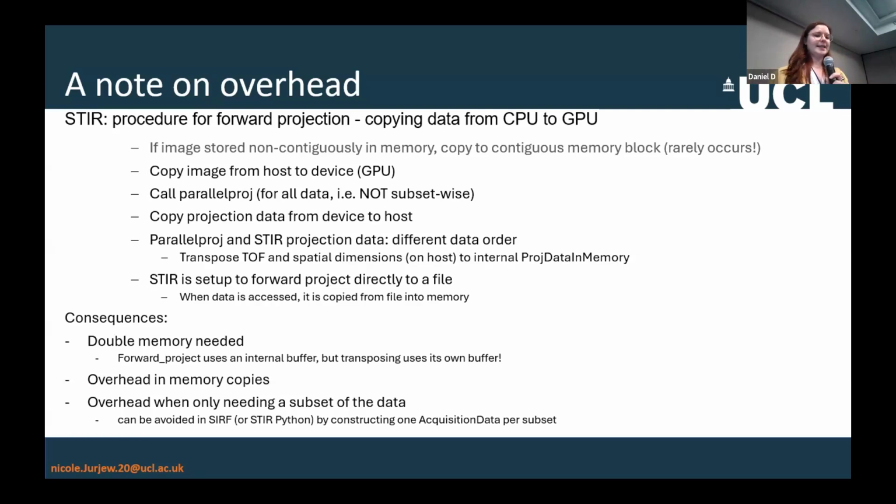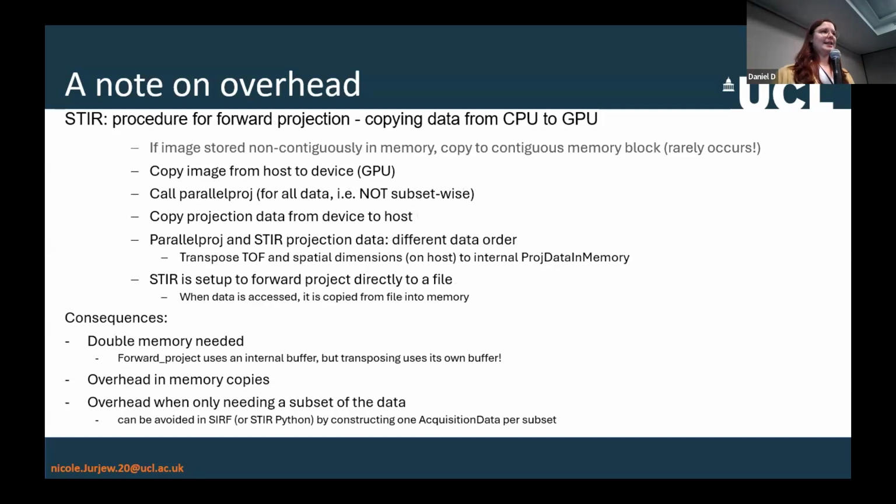So the procedure is, if the image is stored non-contiguously in memory, we copy it to a contiguous memory block, but that rarely ever occurs, so that's grayed out, basically. We then copy the image from the host to the device, to the GPU, where we then call Parallelproj for all data. Currently, Parallelproj is implemented into STIR such that it's not called subset-wise, but always for all data.